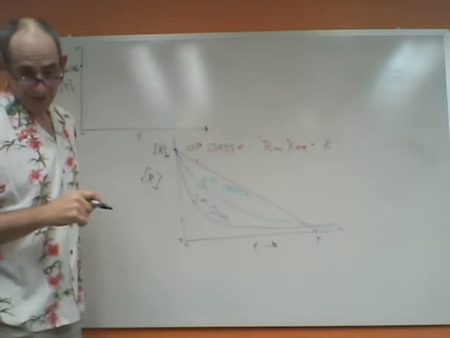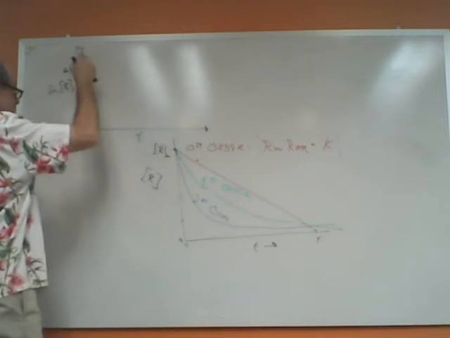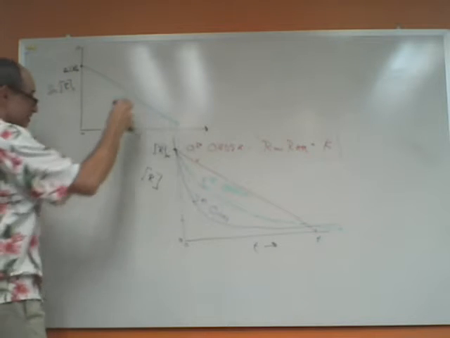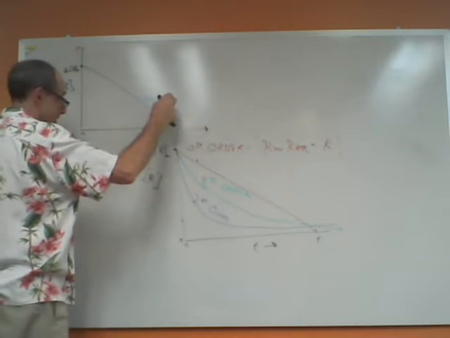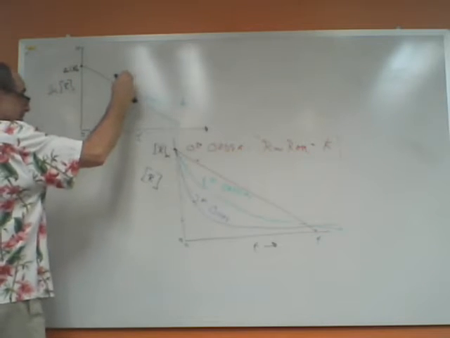In this particular case, it turns out that the first order reaction kinetics gives us a line. And the slope of this line is negative k, the rate constant. So again, in green, this would be my first order.